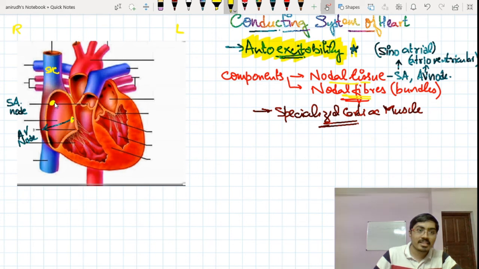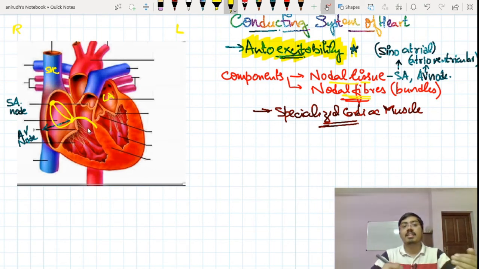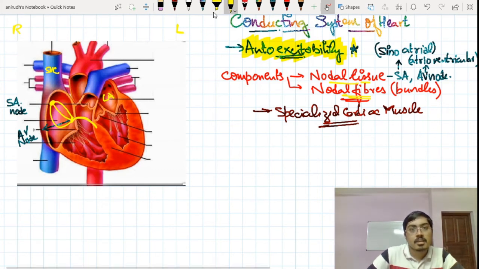First of all, SA node is connected to the AV node by three fibers here. Three channels are present in this way. From here this impulse can be taken to the left atrium also. Now from here comes the next nodal fiber, and this is the fiber that is going across the heart tissue to reach the interventricular septum.